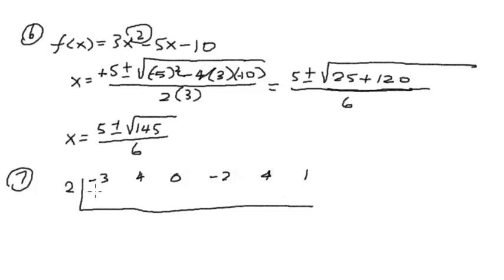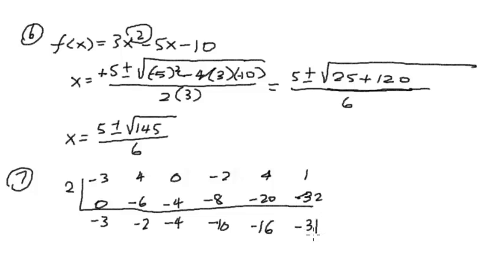Okay, so let me double check to make sure I have those numbers in the right place. Negative 3, negative 6, negative 2, negative 4, negative 4, negative 8, negative 10, negative 10, and then it's negative 20, negative 16, and negative 32. That's a negative 31.